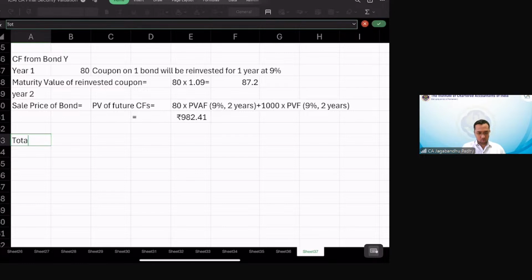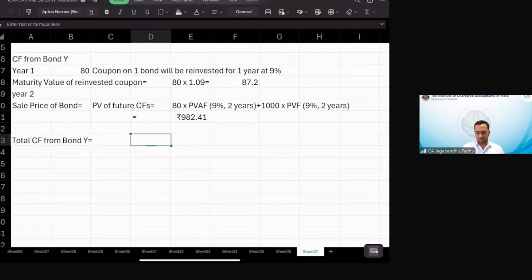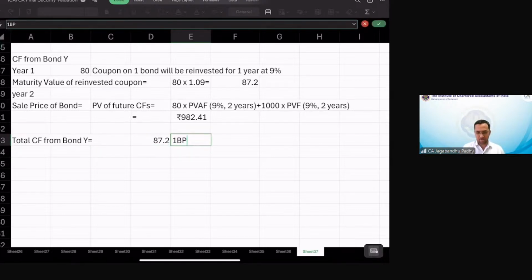So what's the total cash flow from bond Y? It will be, of course, the maturity 87.2, to which we add the coupon of 80 and 982.41.